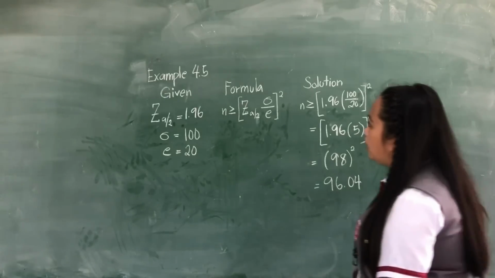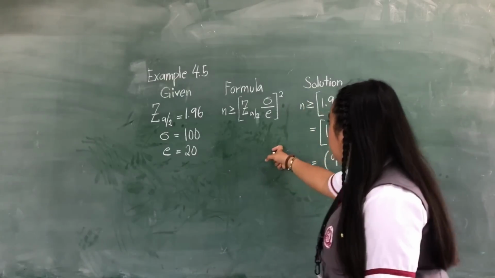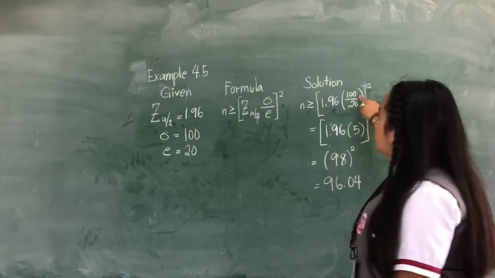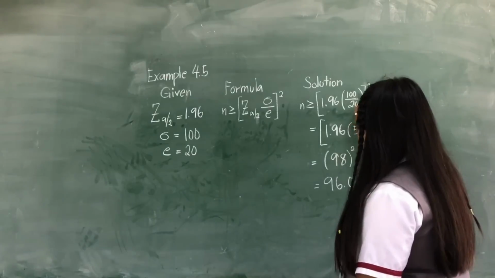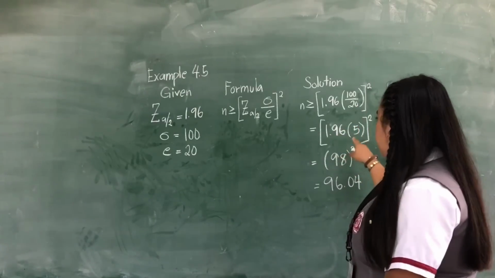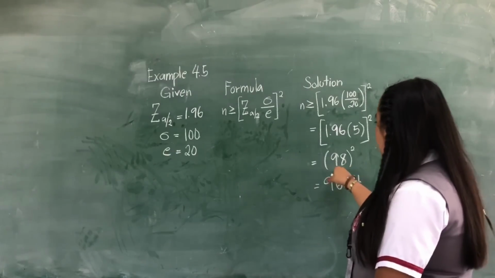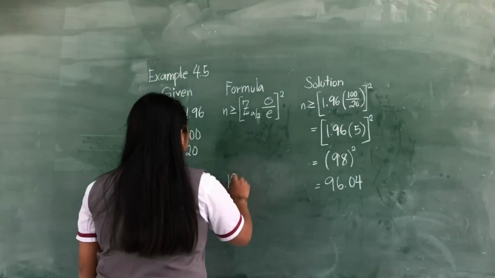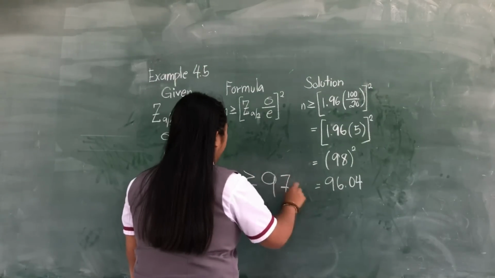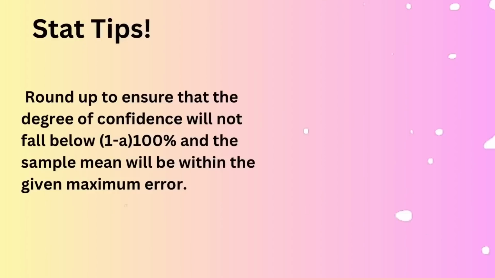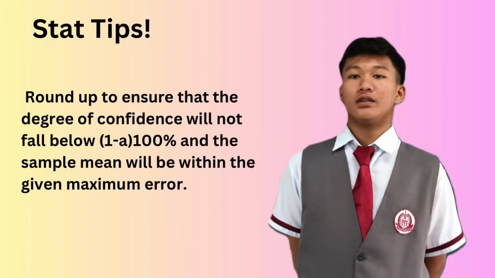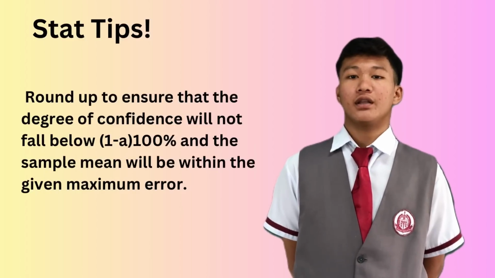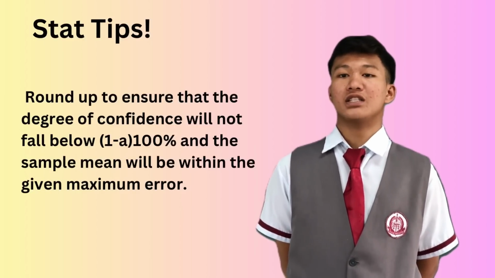In our solution, we substitute our given into the formula: z sub α over 2 is 1.96, sigma is 100, and error is 20. 1.96 multiplied by 5 equals 9.8. 9.8 squared equals 96.04. So n is greater than or equal to 97. Round up to ensure that the degree of confidence will not fall below (1 minus α) multiplied by 100% and the sample mean will be within the given maximum error.